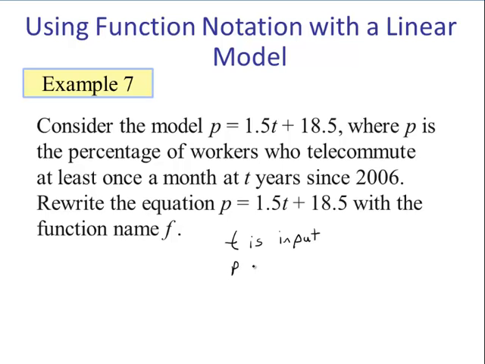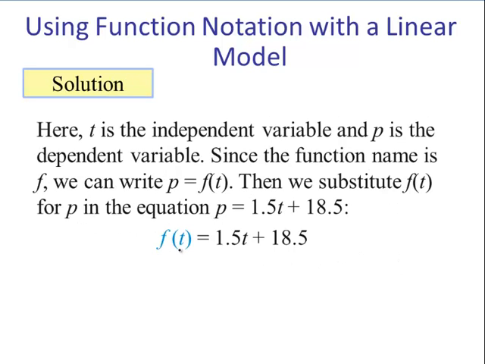In this case, p is the output. But instead of putting p, we're going to use the function name f. So this would be f of t. So the equation would become f of t equals 1.5t plus 18.5.